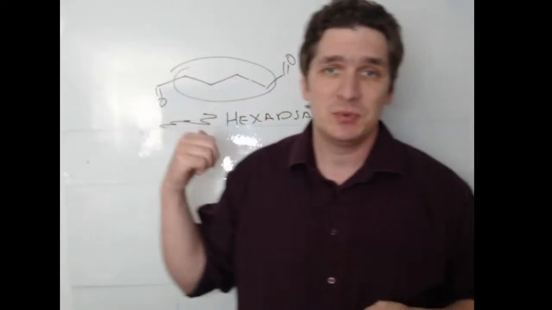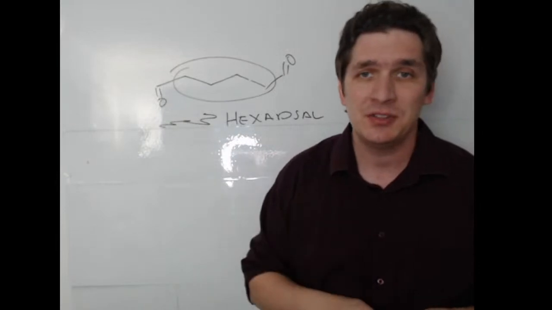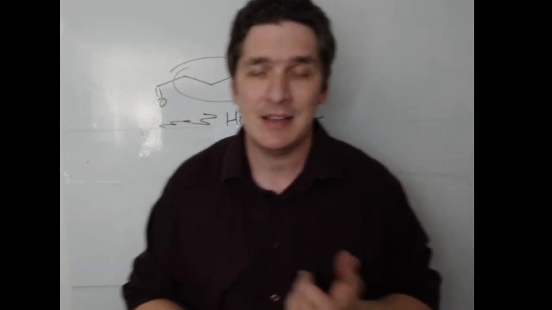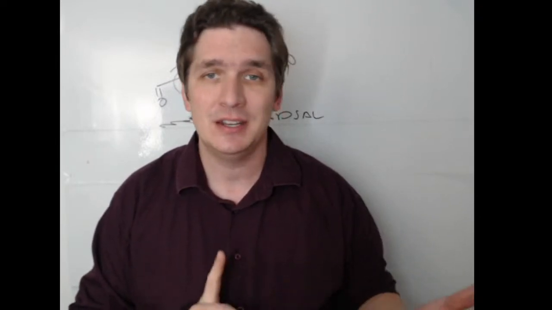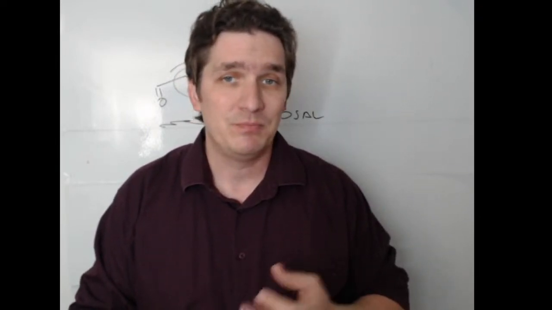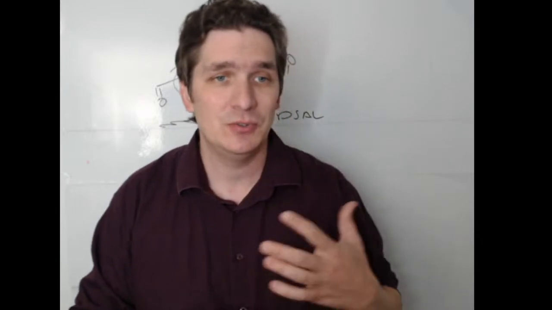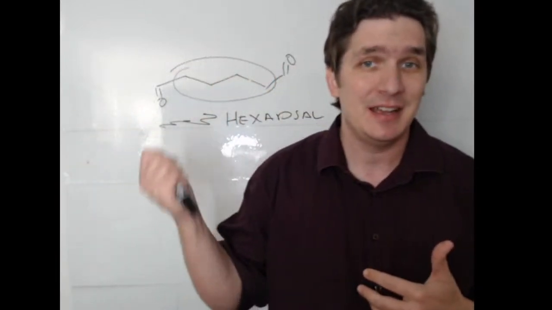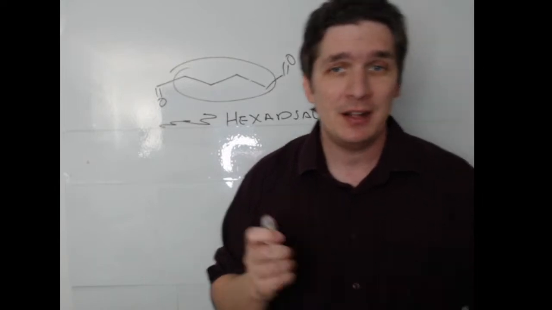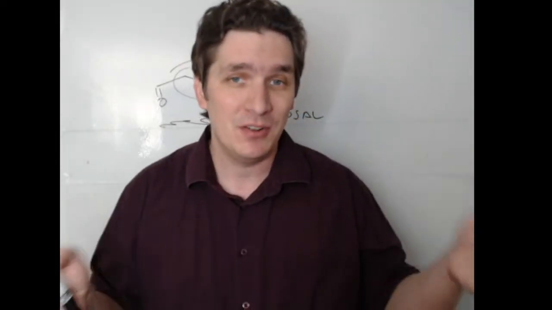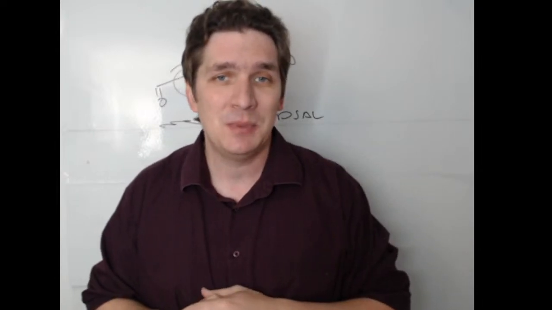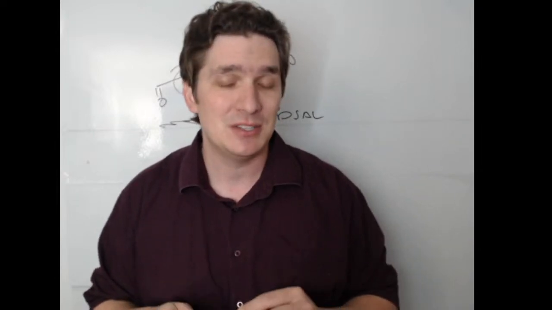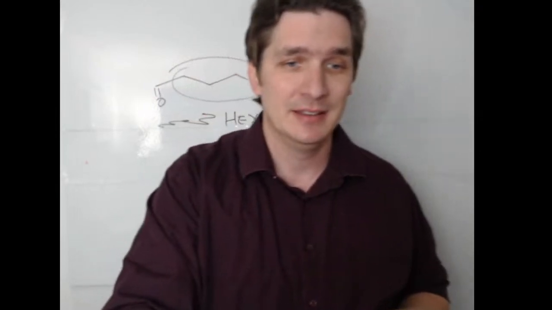But this is as hard as we're getting, maybe putting branches on there. We're not going to focus on having alkenes in there, ketones in there, lots of different weird branches. So this is as hard as it gets. It's hexadiol. And again, both aldehydes are always going to end up being on the same parent chain. There are ways to name it when it gets off the parent chain, but you start getting into really esoteric territory at that point.